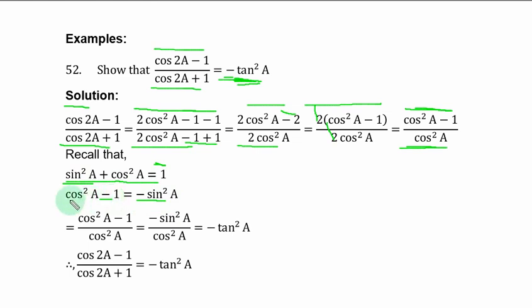So we can replace this with this. So you come back to this place. That is what you have here. It becomes minus sine squared a over cos squared a, and that is minus tan squared a. Therefore, the given identity is true.